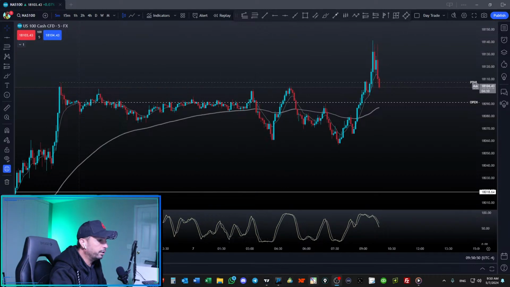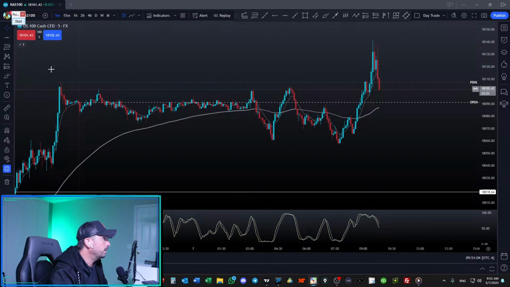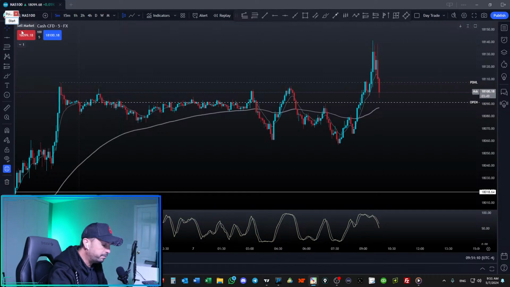Disclaimer, I'm gonna do that on paper trading. So we're not on a live account, we're on the simulator. And I don't have any prop firms that I'm trading right now. I have no accounts.